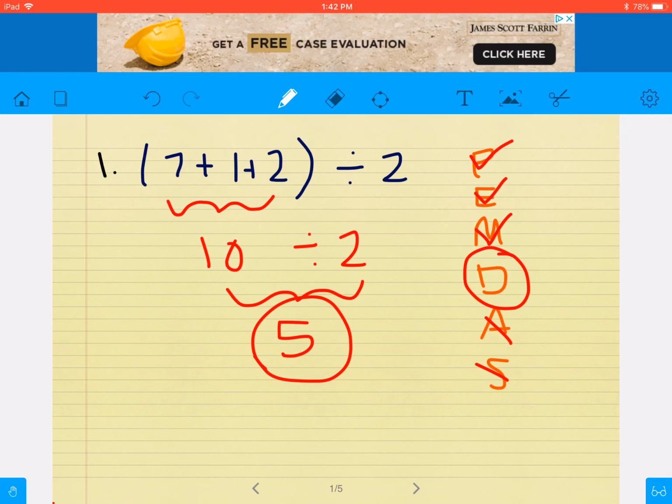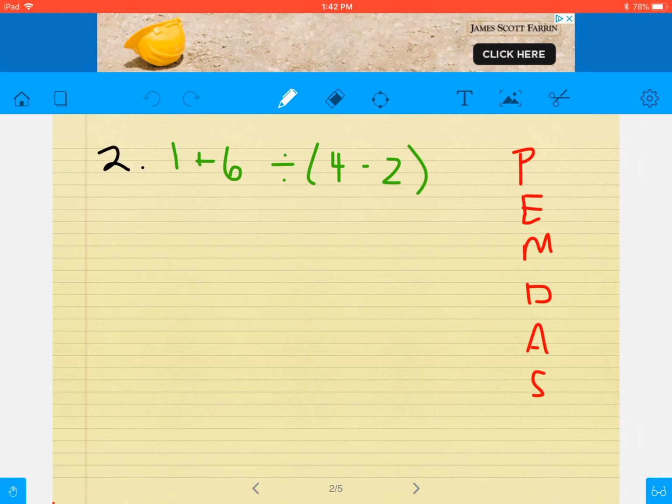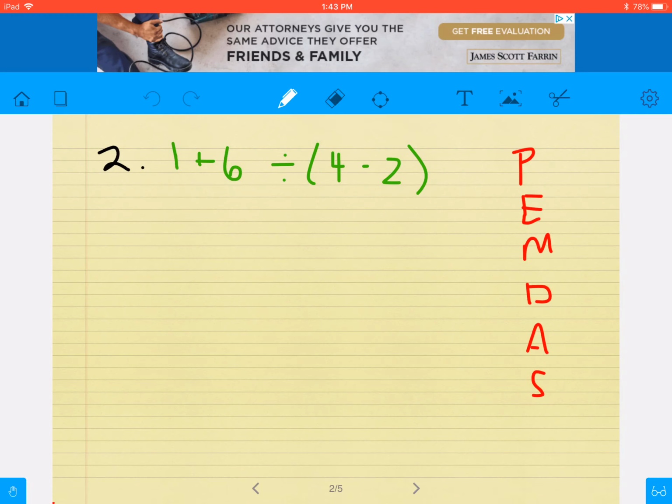Moving on to question 2. All right, evaluating the expression again, we've got 1 plus 6 divided by parentheses 4 minus 2. Again, we're doing PEMDAS, and let's check to see if we have parentheses, which we do. Inside that parentheses is 4 minus 2, which gives us 2.